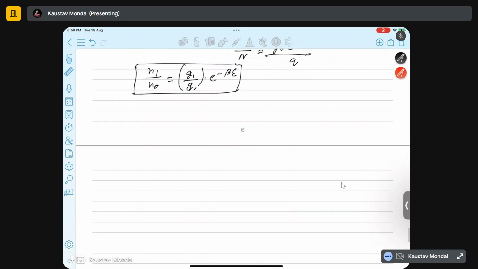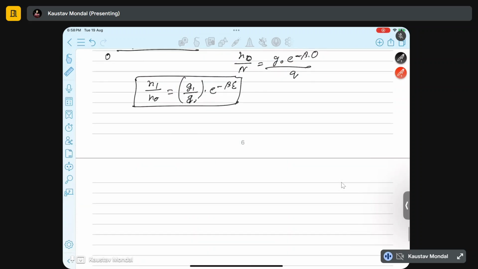So now, if beta is negative, the thermal bath that is connected to the system is negative. So if beta is negative, this means e to the power minus beta epsilon is basically greater than 1, right?